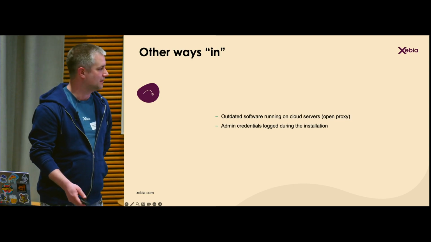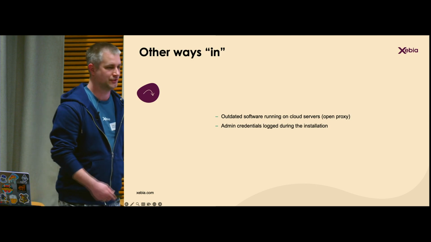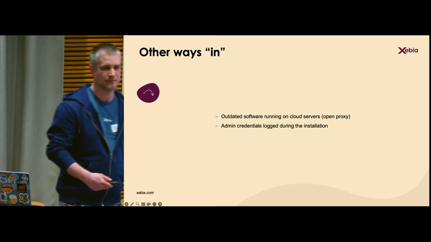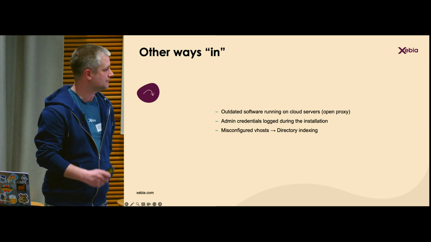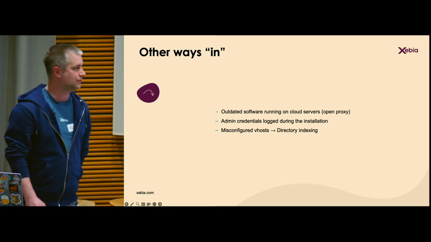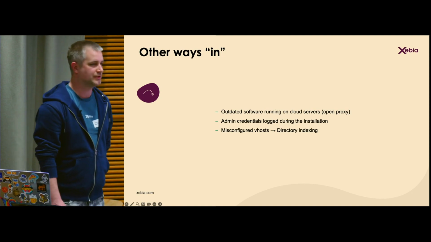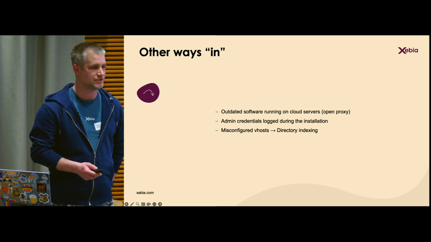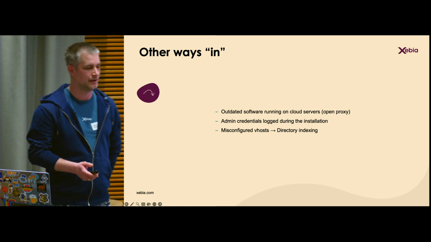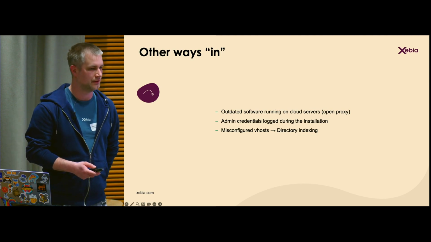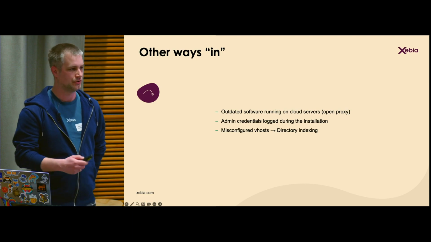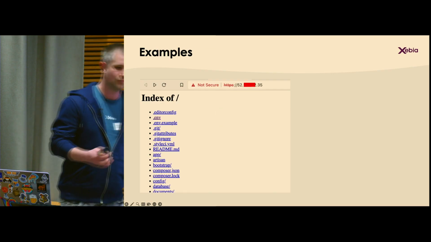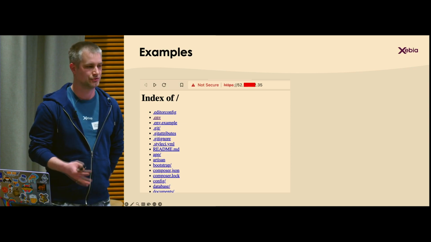Perfect. Because Jenkins was public for that company, so I was able to just log in and give myself admin permissions. Then we have misconfigured virtual hosts with directory indexing enabled. If you use Apache or Nginx, you can have default vhost on your IP, and then you create your own vhosts for your domains.